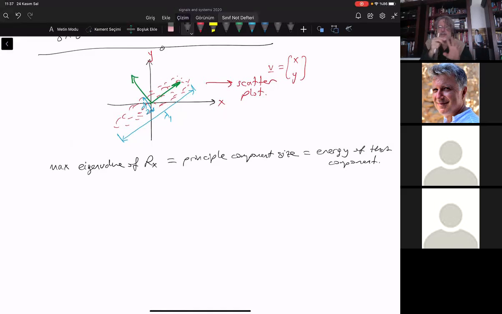From this perspective, from this perspective, or from this perspective, you make the optimization and you will observe numerically that they correspond to the same optimization, the same transformation, the same optimal transform.